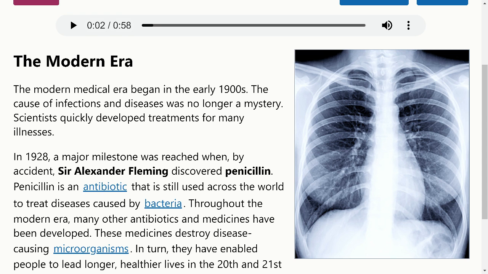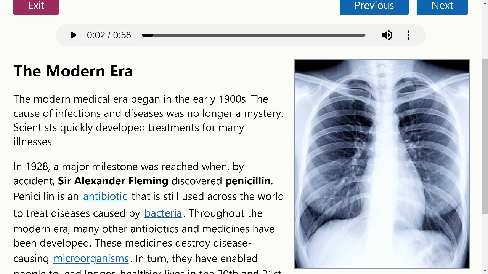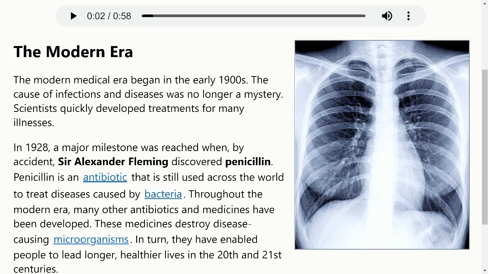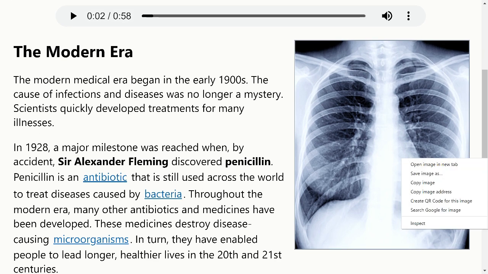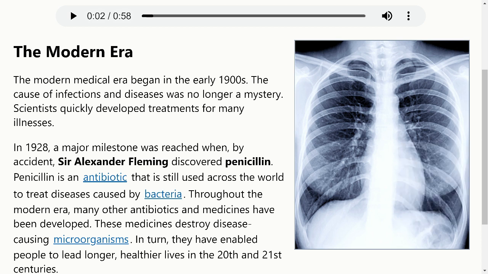So your heart sits right here. That's why this lung has this indentation, because your heart sits here. You'll learn that when we talk about the respiratory system. The right lung has 3 lobes. The left lung only has 2 because the heart sits right there, where a third lobe would be.